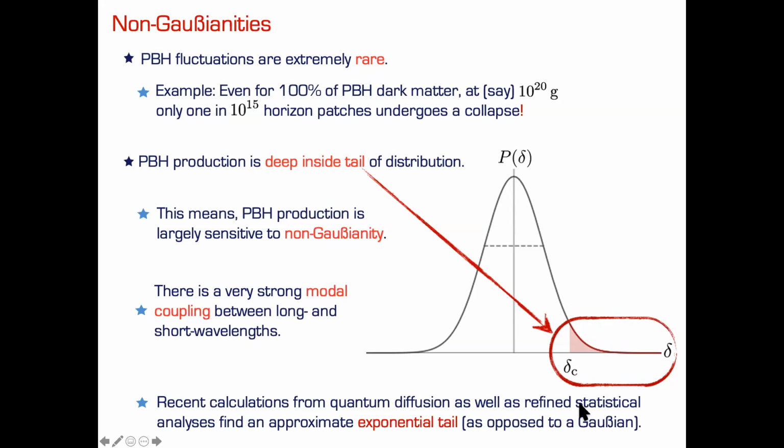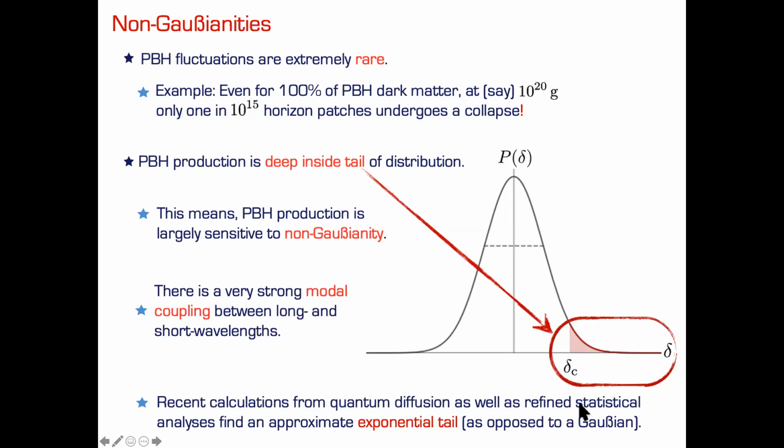If you count very, very rare events and look at their statistics, they're quite different. You're led to something very non-Gaussian, with an exponential tail, not like the Gaussian e to the minus the square of the density contrast, but just an exponential dependence. So it's very non-Gaussian, and that also leads to a different production of these.